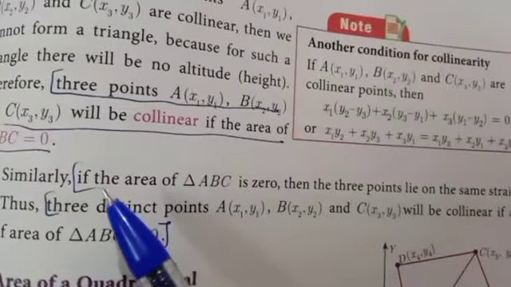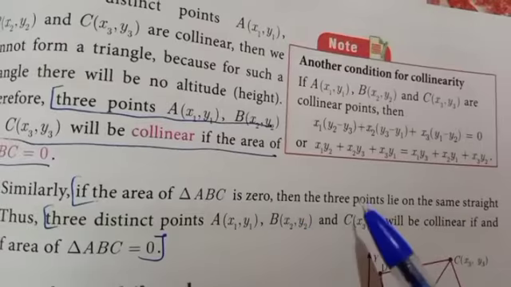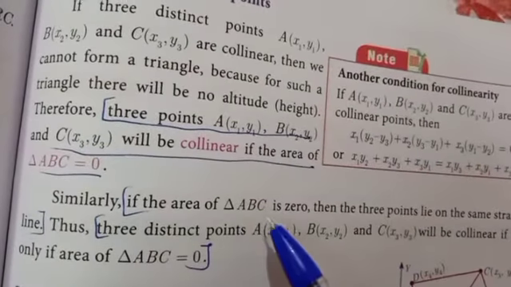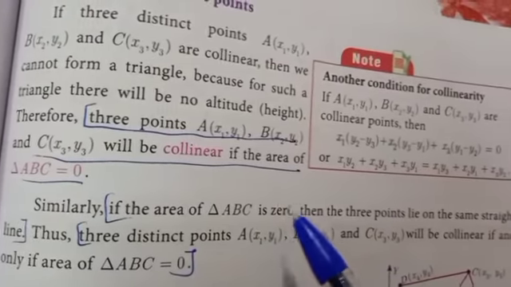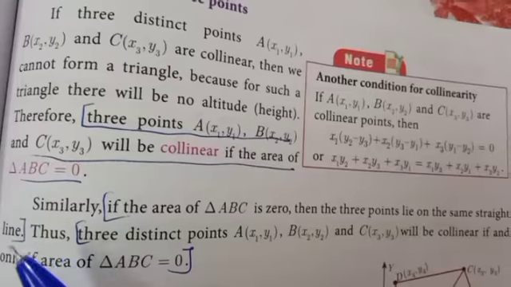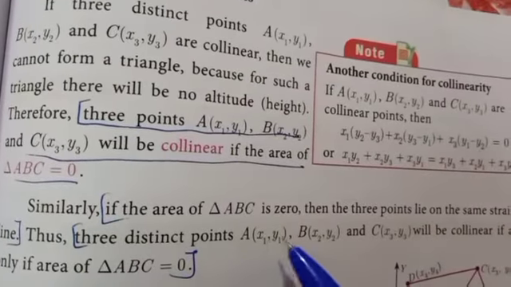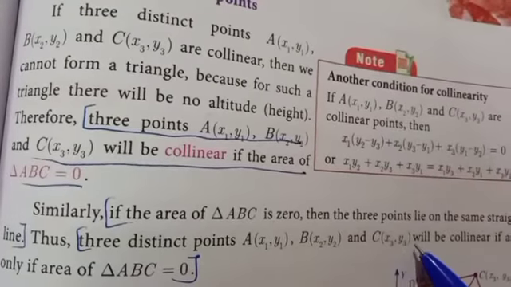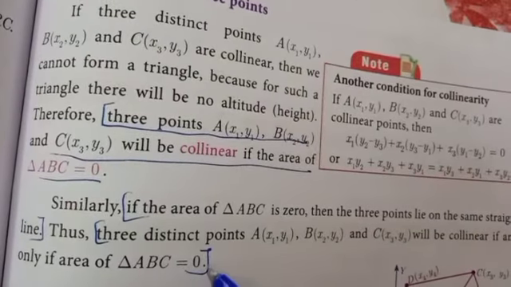Another point: if the area of triangle ABC is 0, then the 3 points lie on the same straight line. Suppose we get the triangle ABC with area equal to 0, we conclude that the 3 points lie on the same straight line. Another point: the 3 distinct points A(x1, y1), B(x2, y2) and C(x3, y3) will be collinear if and only if the area of the triangle is equal to 0.